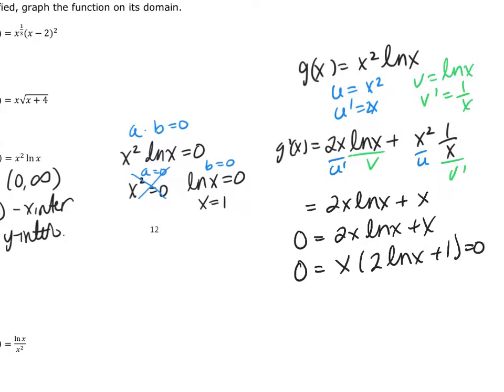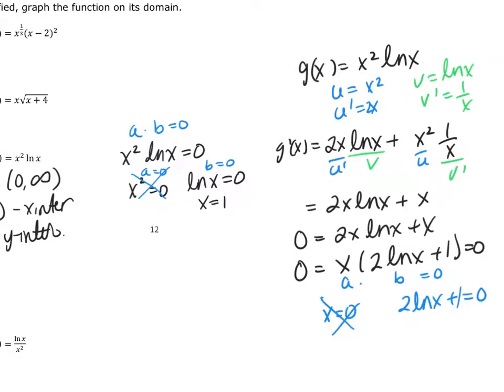The reason I'm going to do that is so that I can use the fact that a times b is equal to 0 again. So that means x is equal to 0, or 2 natural log of x plus 1 is equal to 0. But we know that x cannot equal 0, so we toss that one out right out of the gate.